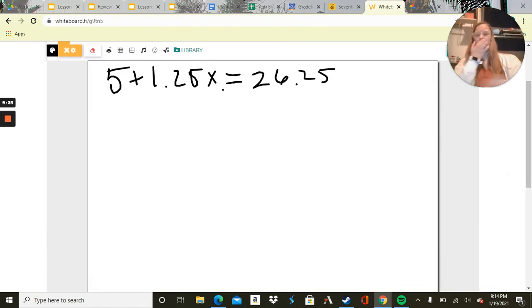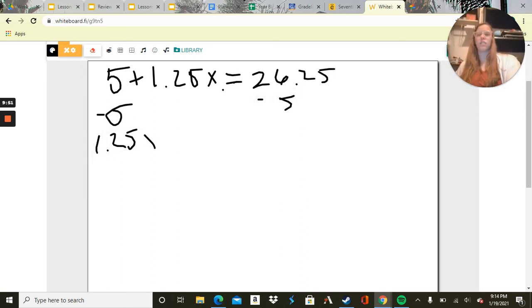So for Marvin's, we already wrote out the equation: he paid a $5 entrance fee plus $1.25 per game, and that all came to $26.25. First we're going to subtract 5 from both sides. We get 1.25x equals 21.25.